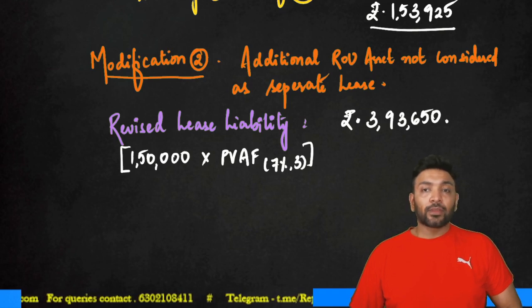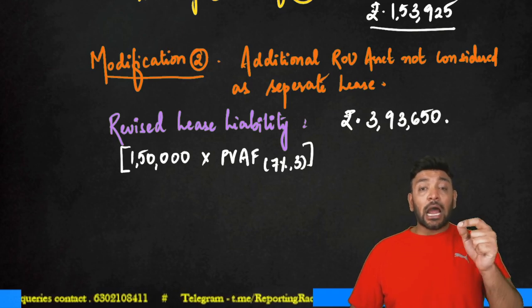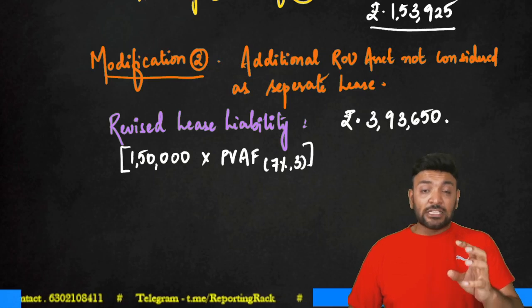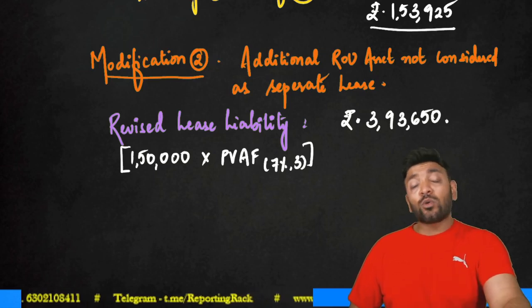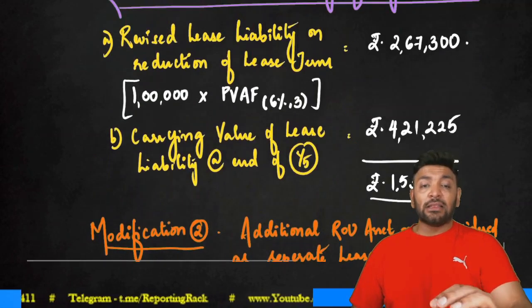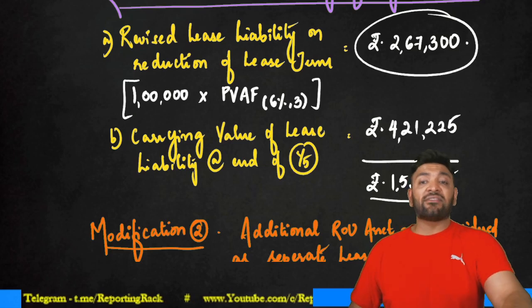Correct? Now, this is the revised liability upon the extra additional asset which is being given up, which is being erased. But what was the lease liability before? The carrying value of lease liability, the revised lease liability on reduction of lease term was 2,67,300.